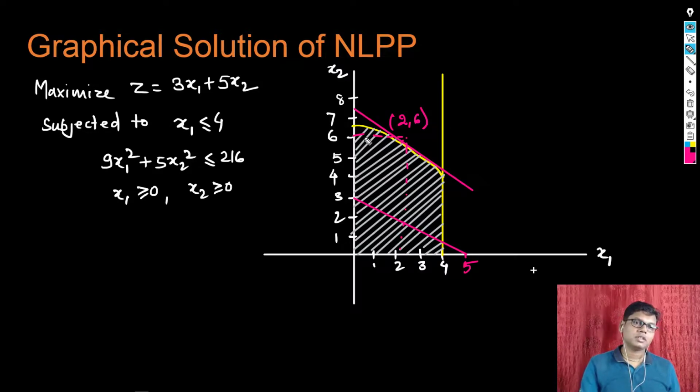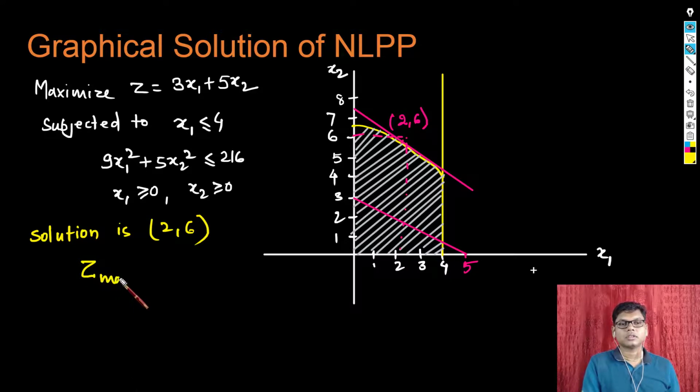So the solution is the same. Okay, so the solution is 2, 6 and the Z max value is 36. Okay, so this is one problem.